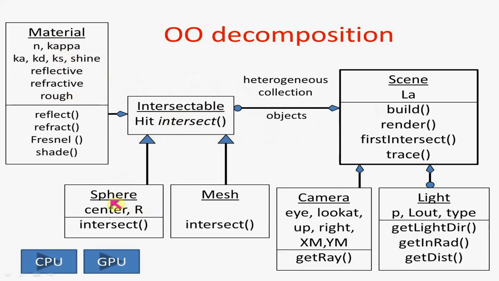Specific intersectable types can be implemented by deriving from the intersectable base class and giving the intersect function a real implementation. As for example, the sphere is also an intersectable. A sphere has two parameters, the center and the radius, and based on these two parameters, the intersect function can be implemented as the solution of a second order equation.